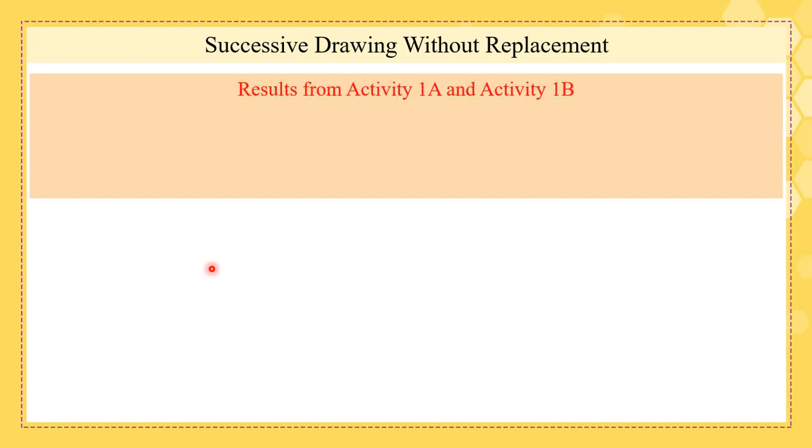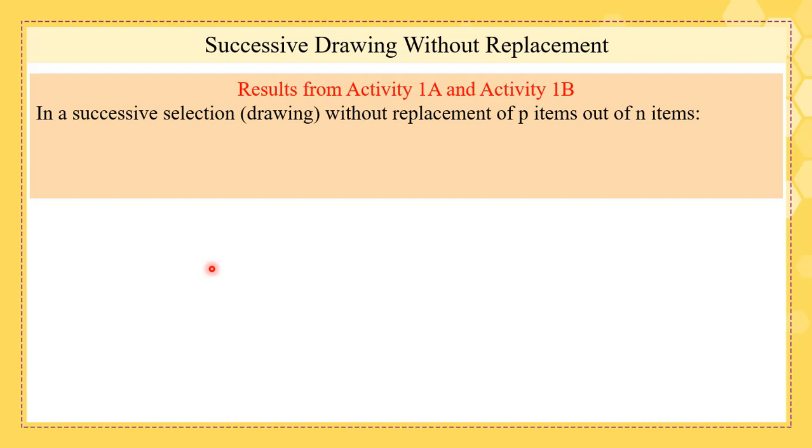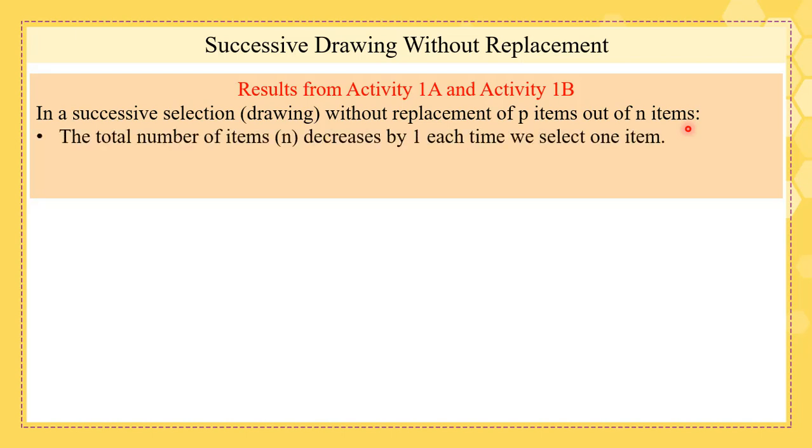Now, how can we find a relation between 5 times 4 and the given of the question? Let's see the results from activities 1A and 1B. In a successive drawing without replacement of P items out of N items, the total number of items, which is N, decreases by 1 each time we select one item.